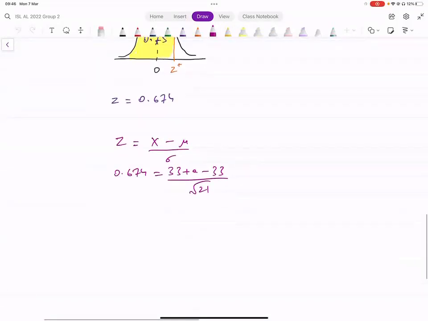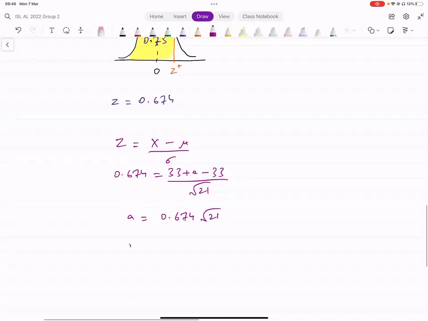You can find the value of a from here, that is 0.674 into square root of 21, and you can see what this turns out to be. a की वैल्यू क्या आ जाती है, 3.089, that's the value of a that we've got.